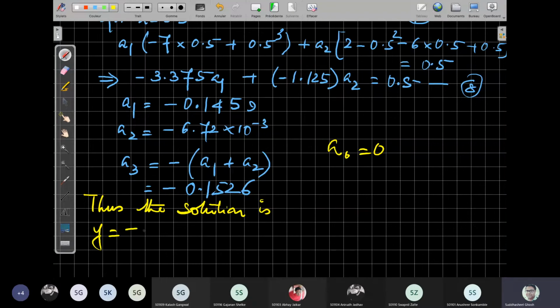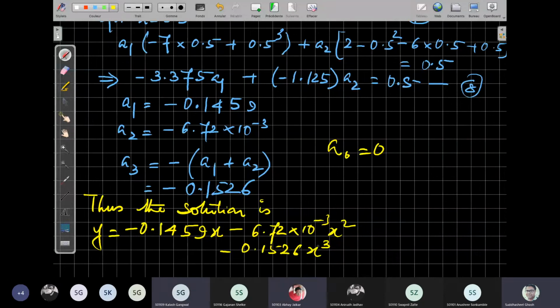So then that will become minus 0.1459 into x, then minus 6.72 into 10 to the power minus 3 x square, then plus minus 0.1526 into x cube. Sir, A3 is positive. That should be positive by the rule. Yes, so basically this is to be plus and your A3 has to be plus. Correct?